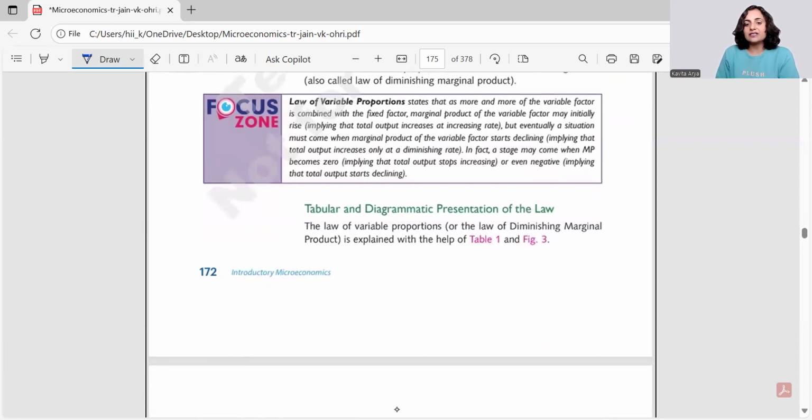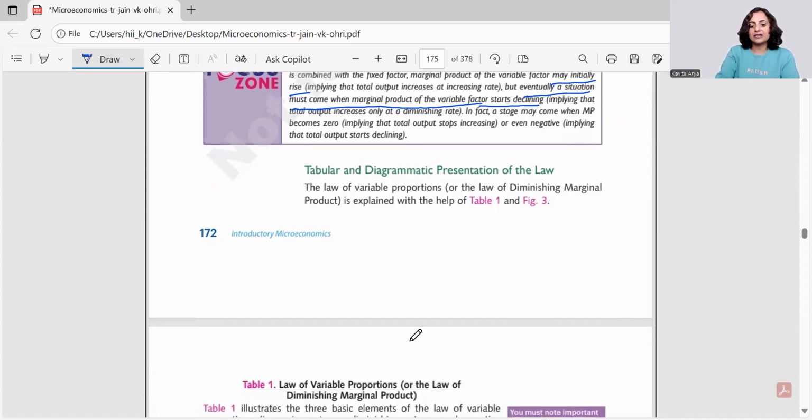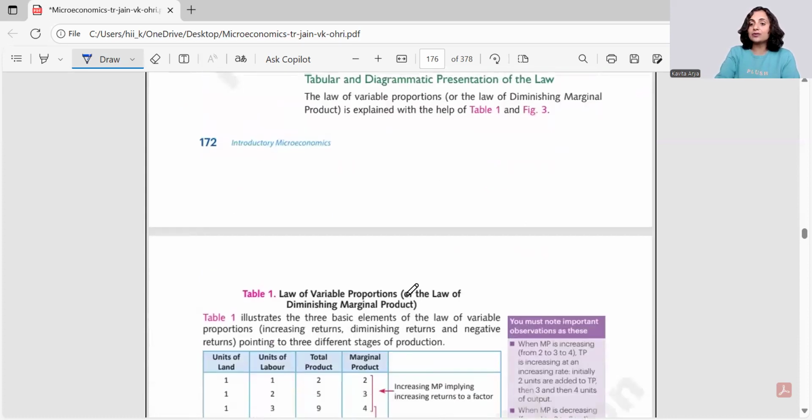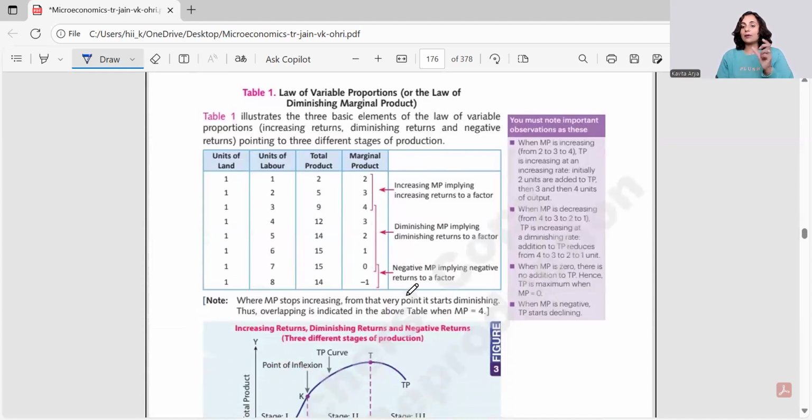It states that as more and more of a variable factor is combined with a fixed factor, the marginal product of the variable factor may initially rise, but eventually a situation must come when MP of the variable factor starts declining, right? So this is the statement of the law, wherein we need to tell that we are going for a mix of fixed factors all throughout and variable, right?